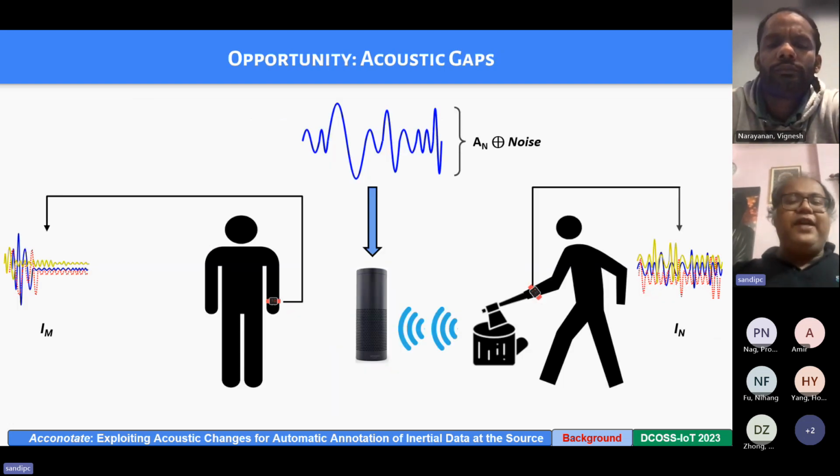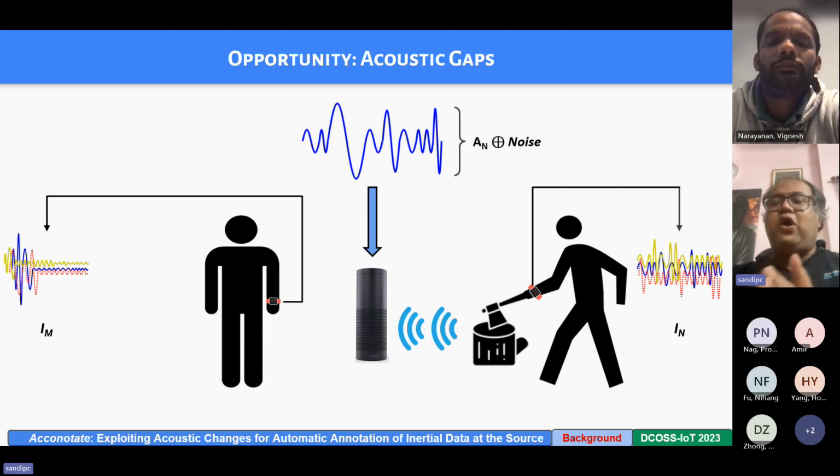Here is an interesting idea that we observed by analyzing a huge volume of data. Unlike mechanical sound, such as the sound produced by an air conditioner or any motorized device, which generates continuous sound, the sound generated from human activities is discrete in nature.